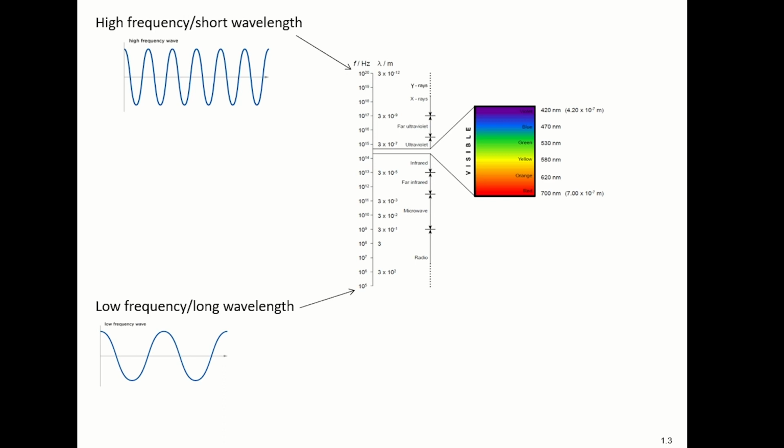They are less damaging. You'll see that is down at the red end of the spectrum, going down to infrared, microwave and radio waves. So a good way to think about it is that high frequency, short wavelength waves are really fast and more dangerous almost, but they have higher energy. If you were to work out the energy, these would be high energy, and these would be low energy.